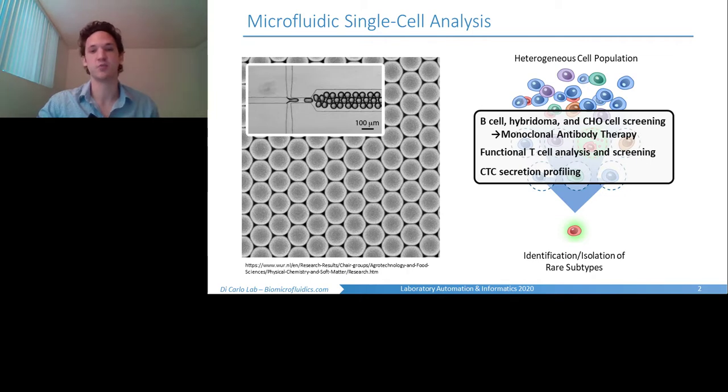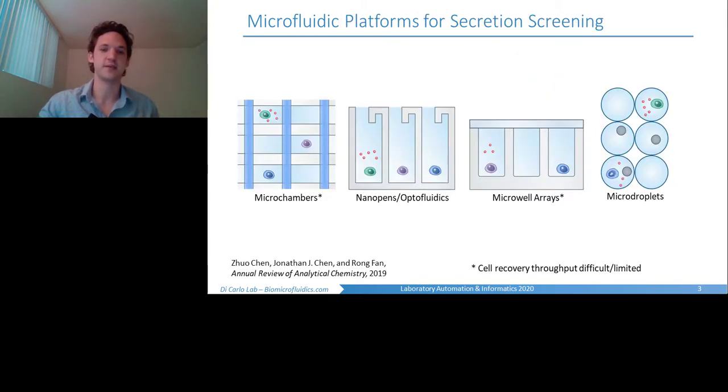CTC secretion profiling. And just to summarize some of the existing platforms out there, you have these microstructured devices that contain the cells themselves. So for example, microchambers, or these nanopens, as some people call them, that use optofluidics to manipulate single cells into these pens, microwell arrays, as well as microdroplets.